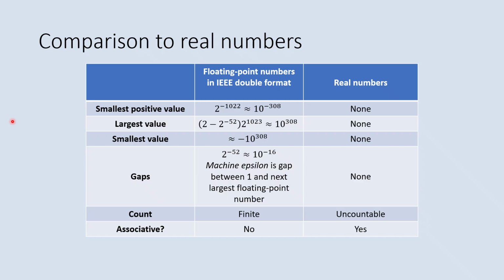So you'll see, for instance, in Python, that numbers are usually represented to 16 or 17 digits after the decimal point, and that corresponds to the idea that beyond that, you can't trust the numbers anyway, because the machine precision only goes out that many decimal places. There are no gaps between real numbers at all. When we say a gap in the double format, what we're saying is there is no number between 1 and the next value that you can represent. There is a gap in those values.